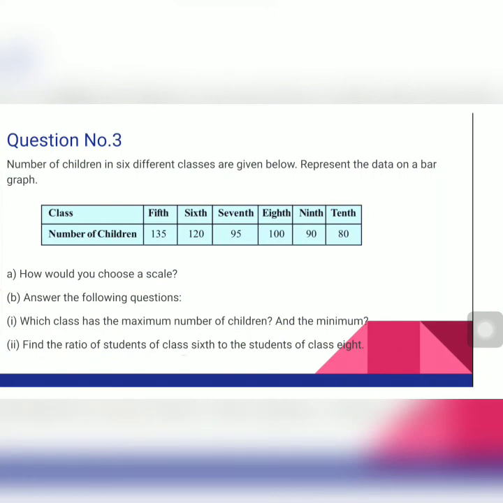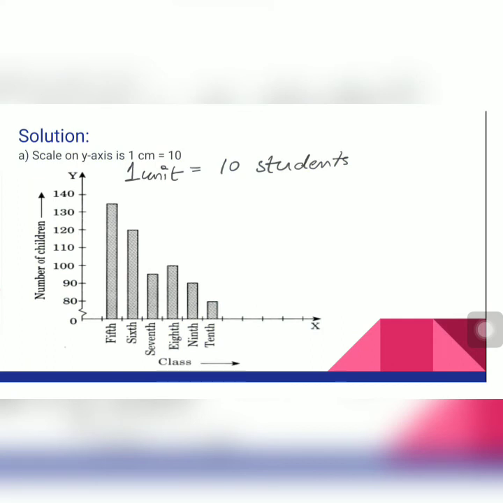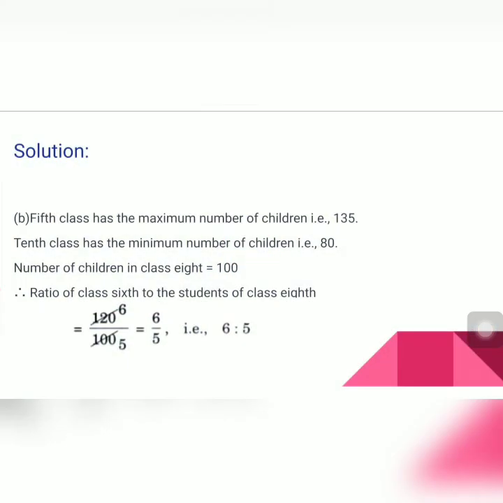Find the ratio of the students of class 6th to the students of class 8th. So first of all, see what is the number of students for class 6, it is 120, and what is the number of students for class 8, that is 100. So when we are taking the ratio, we are taking the value for class 6th as the numerator and class 8th as the denominator.